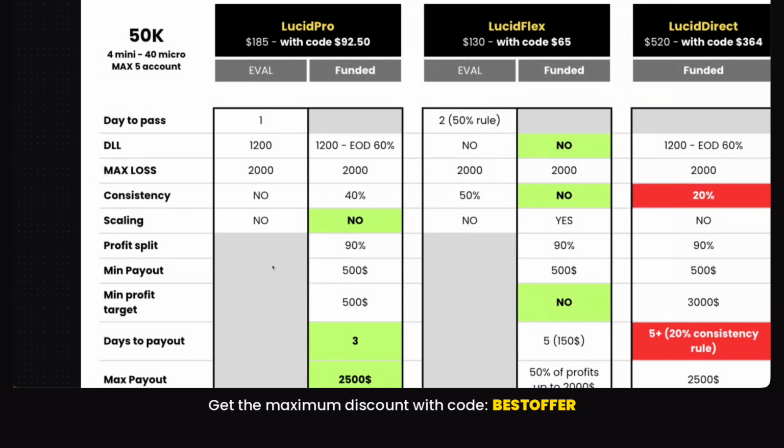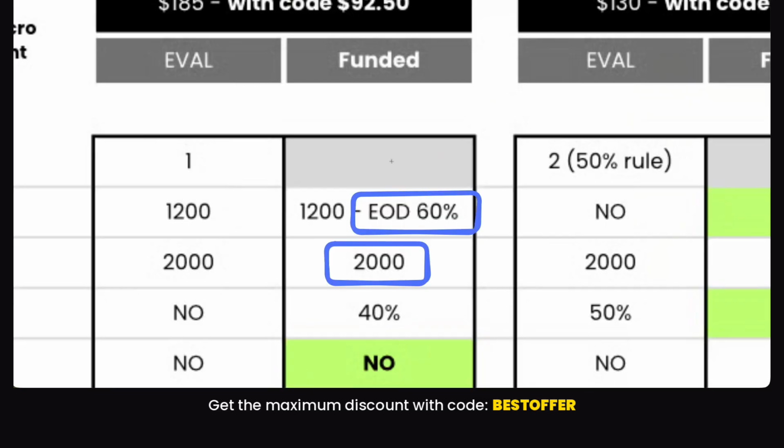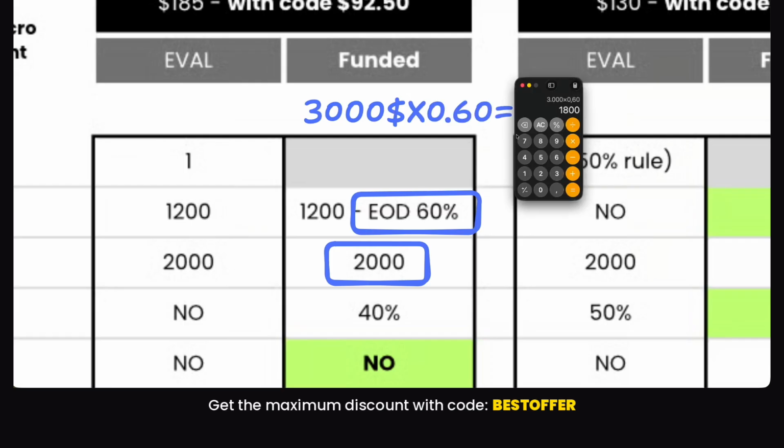So in the funded rules, you have a daily loss limit of $1,200, but when you reach $2,000 in profit, so basically you go above your max allowed loss, your daily loss limit is calculated based on your total profit from the end of the previous day, right? And it's 60%. That means that if you have $3,000, your new daily loss will be $1,800, right?